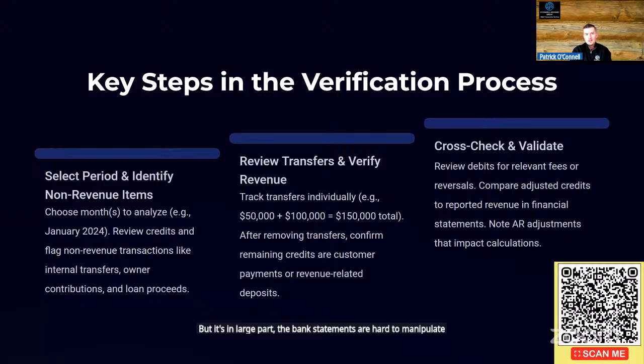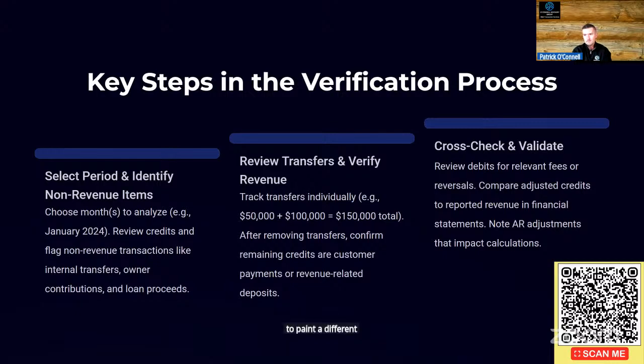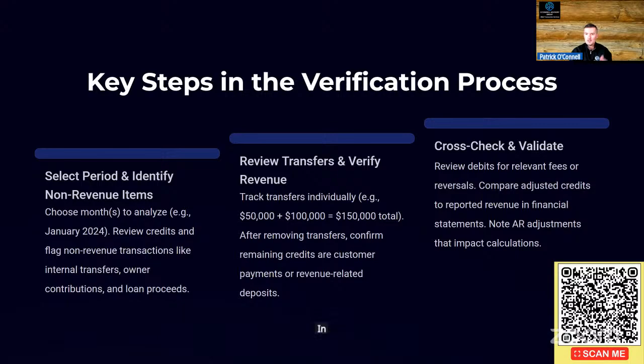On the flip side, it's very easy to manipulate or change certain numbers in the company's QuickBooks to paint a different picture. So for a business that is very small, $250,000 or even a $50,000 investment, I would be doing a cash proof because this looks to ensure that there's not a material misstatement in the financial data, the revenue, expenses, and incomes of the company.